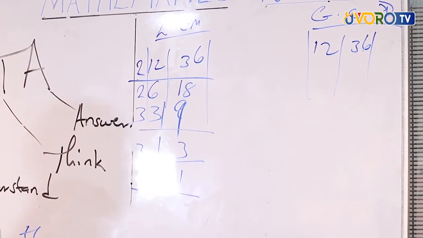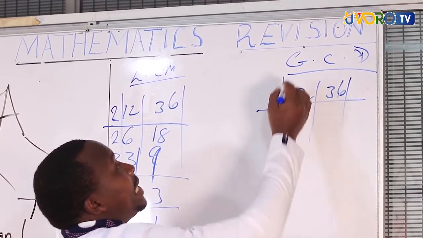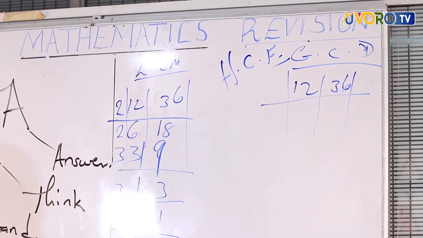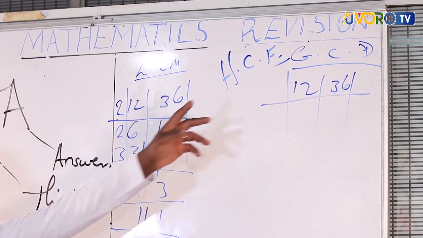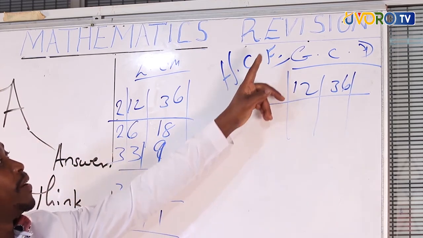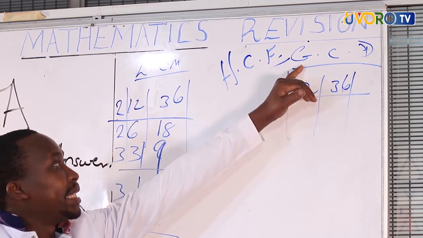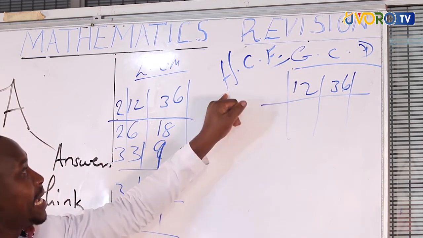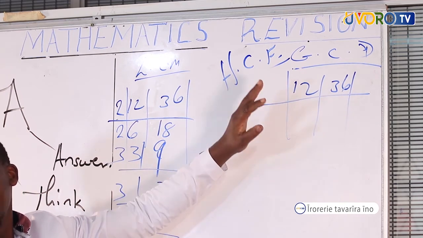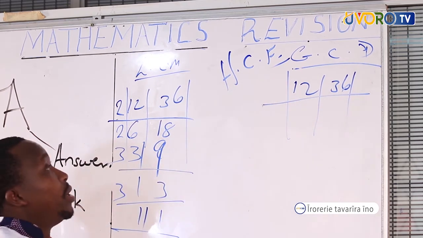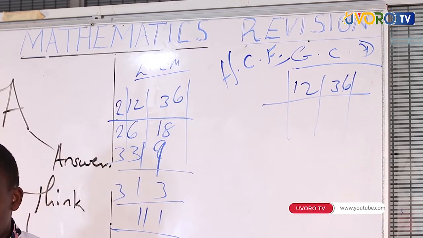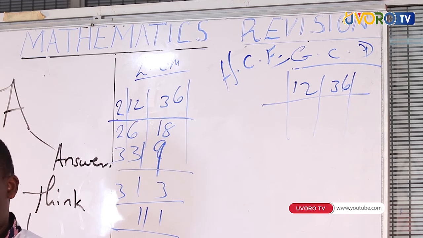Now, for the GCD, another name for GCD is HCF, which means highest common factor. GCD is the same as HCF. We just put the numbers that can divide all of those numbers without a remainder.